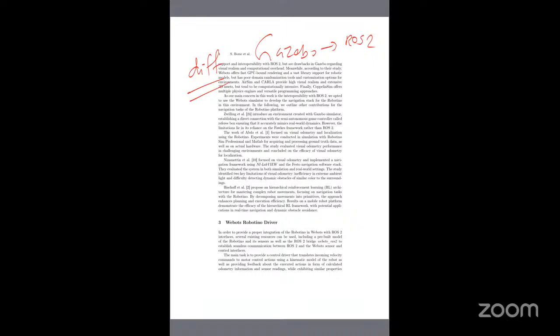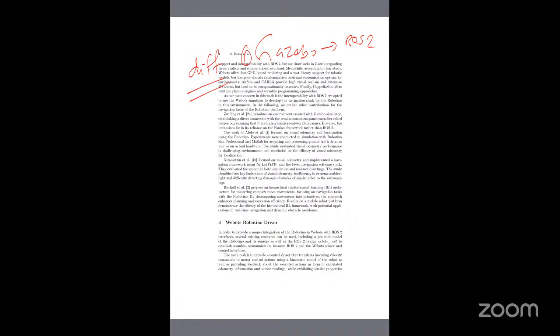Another advantage is that it has a very huge robotics community. But the problem was visual realism, and it also requires more CPU, GPU, and computational overhead.